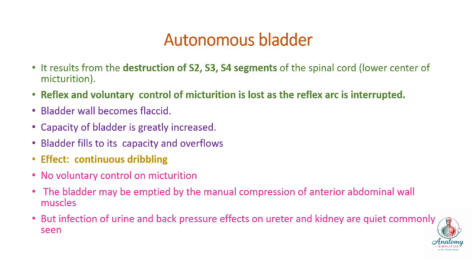Here, as the bladder wall muscle is flaccid, there will be continuous dribbling of urine. There is no voluntary control on micturition. Here, the bladder may be emptied by manual compression of the anterior abdominal wall muscle. But infection of urine and back pressure effect on the ureter and kidney are quite commonly seen in autonomous bladder.